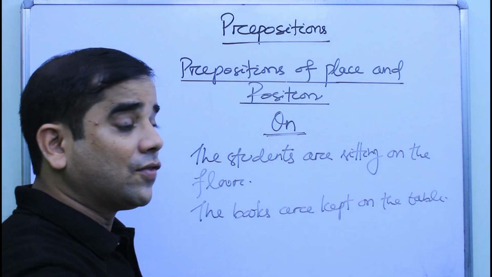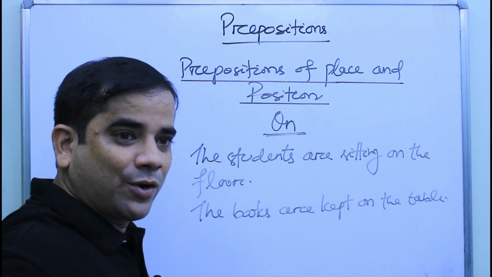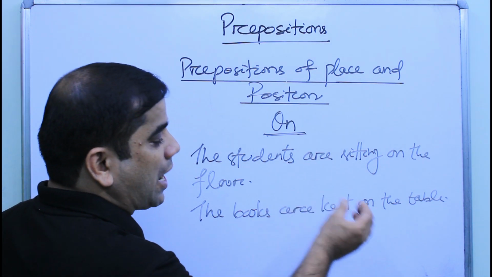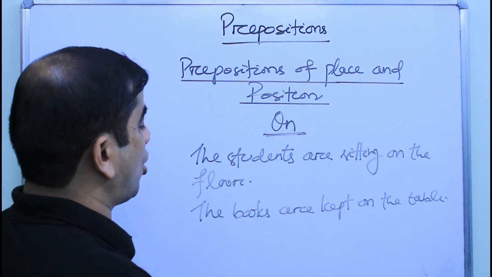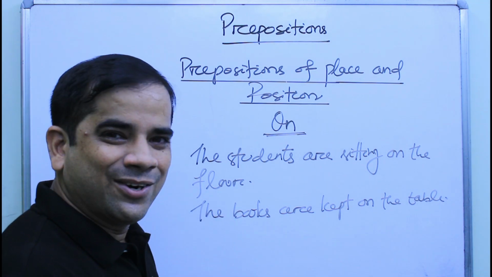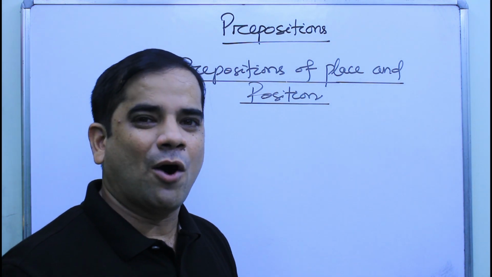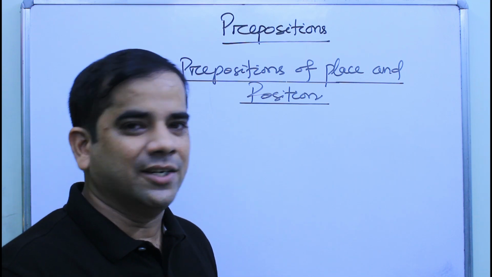On the table means on the surface of the table, which is also two-dimensional. It has a length and a breadth. So that's why we use preposition on to show the placement of the books. Hope you understand.